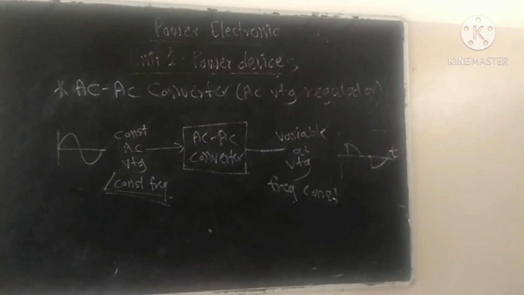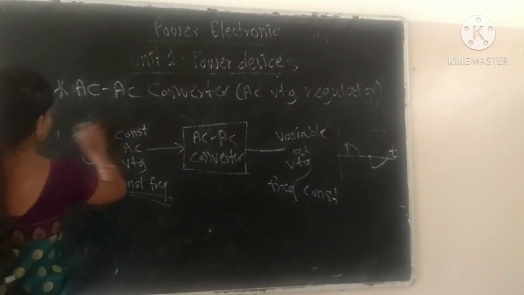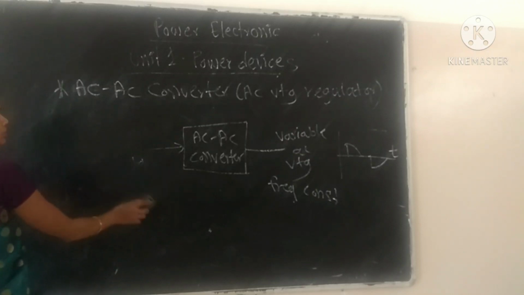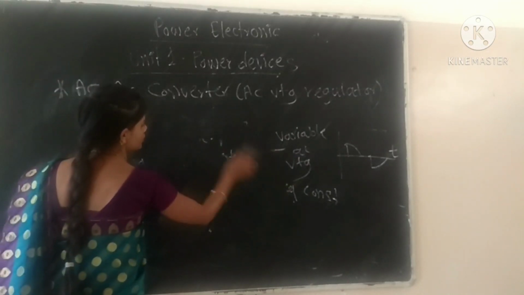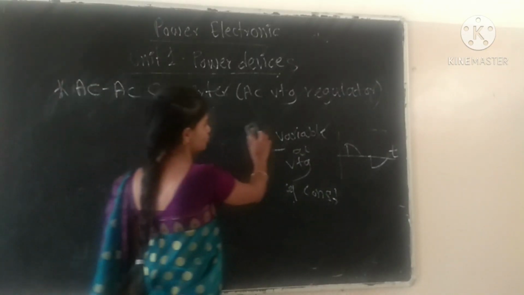This AC voltage regulator is used in fan control, speed control of fan blowers. For speed control purposes we use the AC voltage regulator.